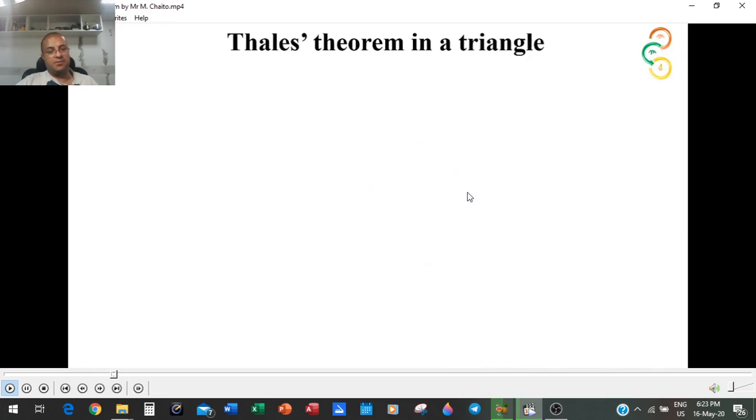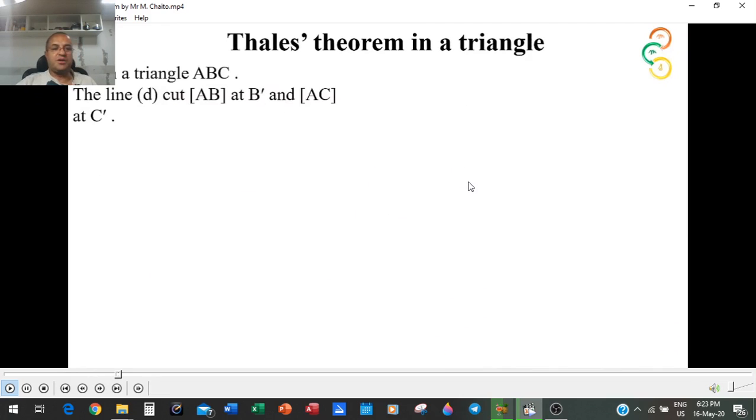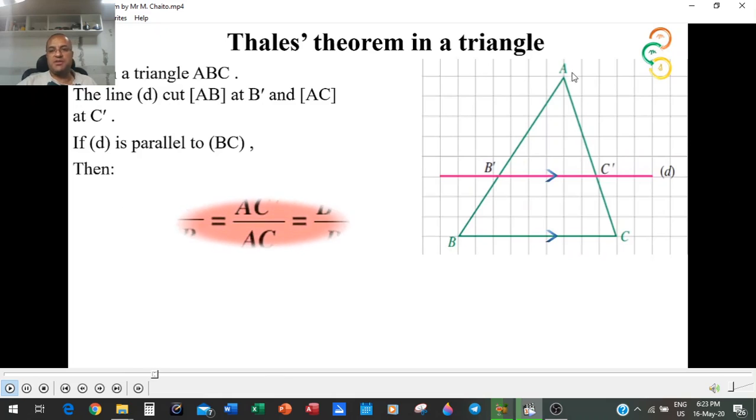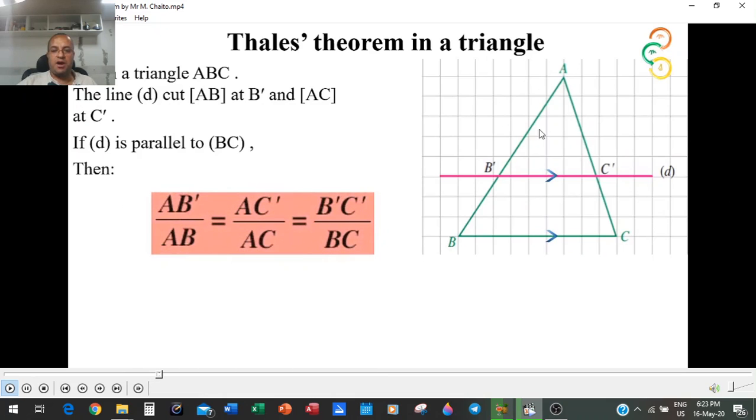In a triangle, when we start from the same point in a triangle, we have triangle ABC, line D cuts AB and AC at the 2 points B prime and C prime such that D is parallel to BC. Then Thales theorem says that AB prime over AB equal AC prime over AC equal B prime C prime over BC.